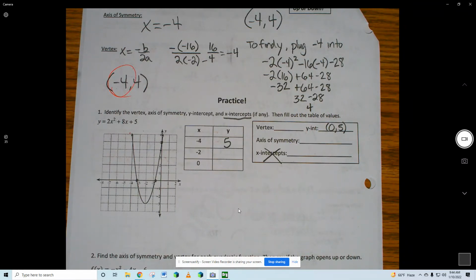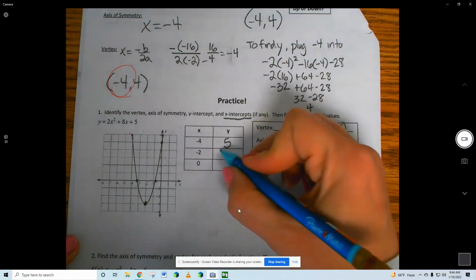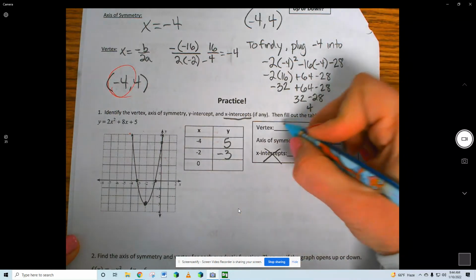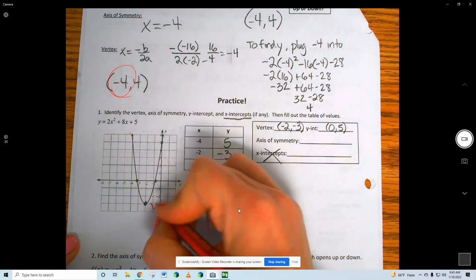Negative 3. That's my vertex, isn't it? Because that's the turning point. Negative 2, negative 3 is my vertex.